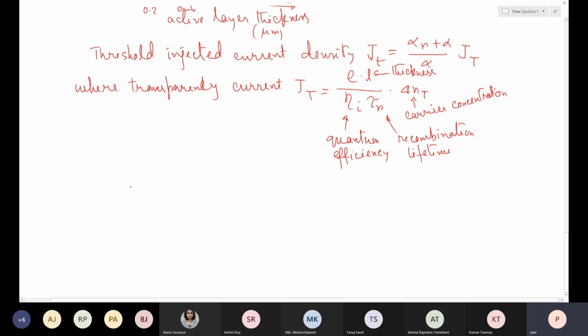Now alpha is the resonator cavity loss coefficient, and alpha is the total loss, the loss factor or gain factor overall.